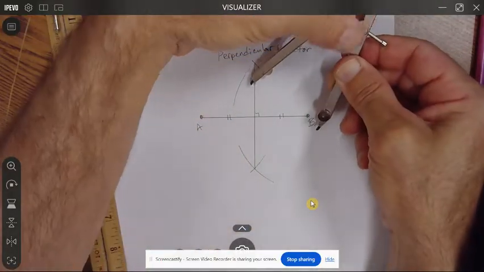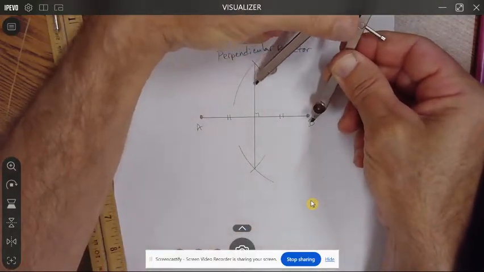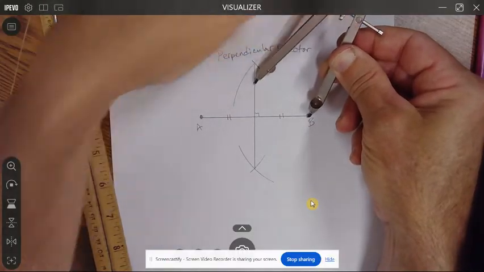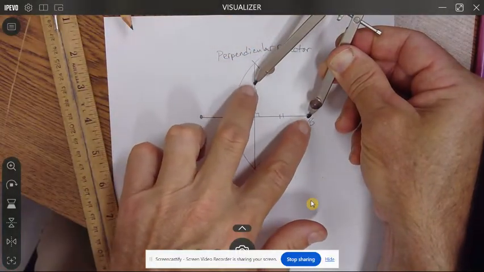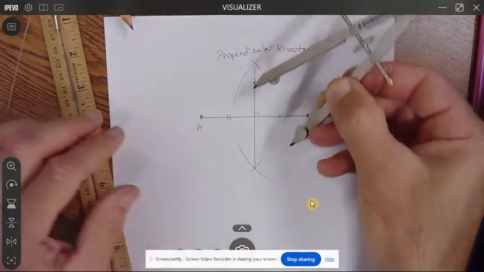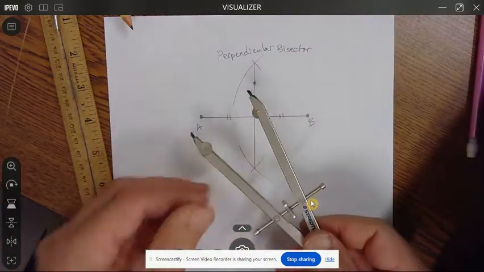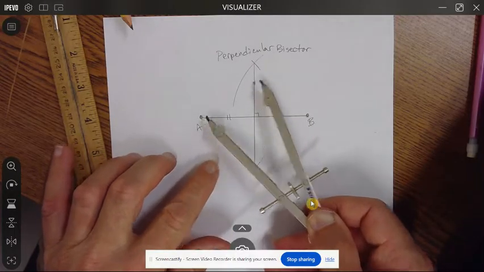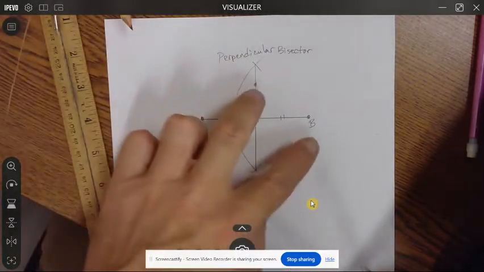So I'm going to shrink my compass down until I have the points of the compass right on those 2 points there. Then I'm going to shift it over and see if I have to adjust the compass to get to the other endpoint. Look at that. It's perfect. Perfect distance. So this segment here is equal to that segment over there.